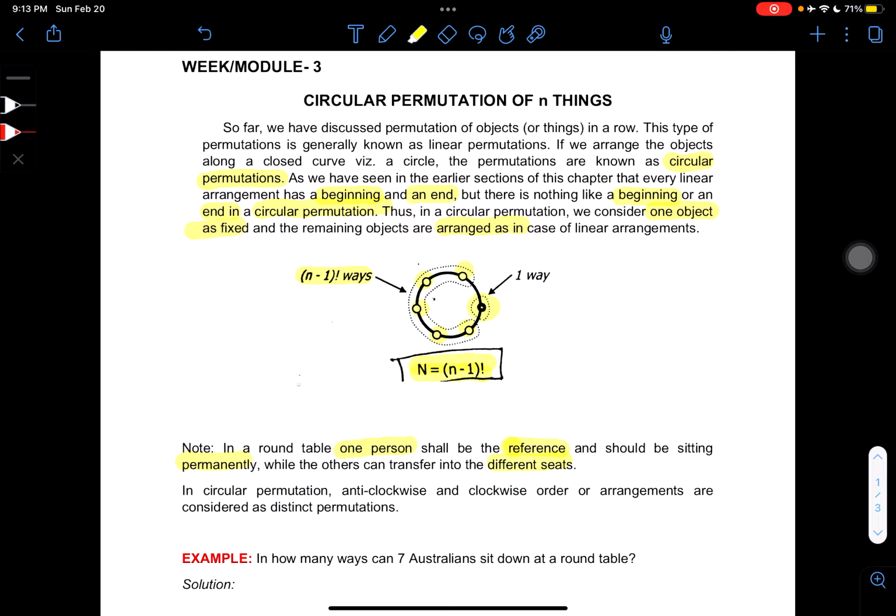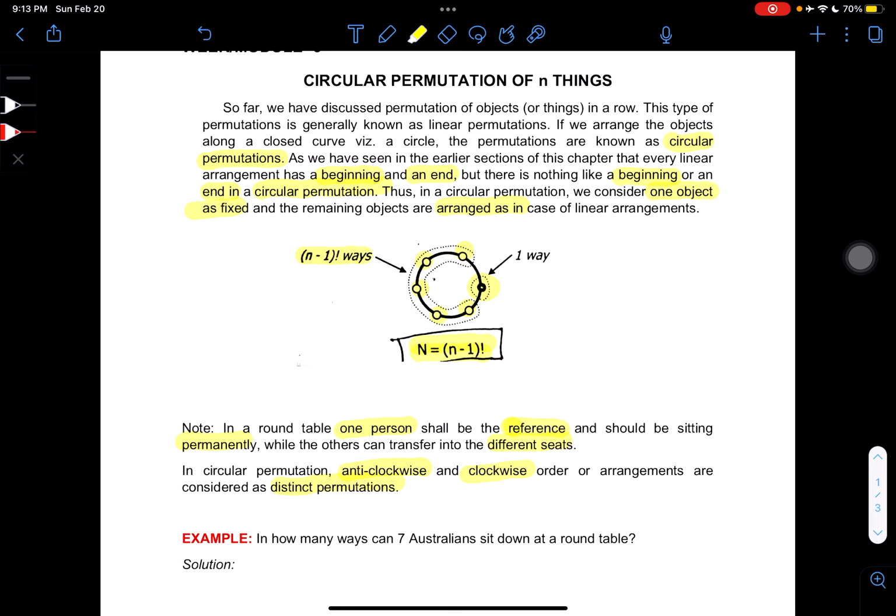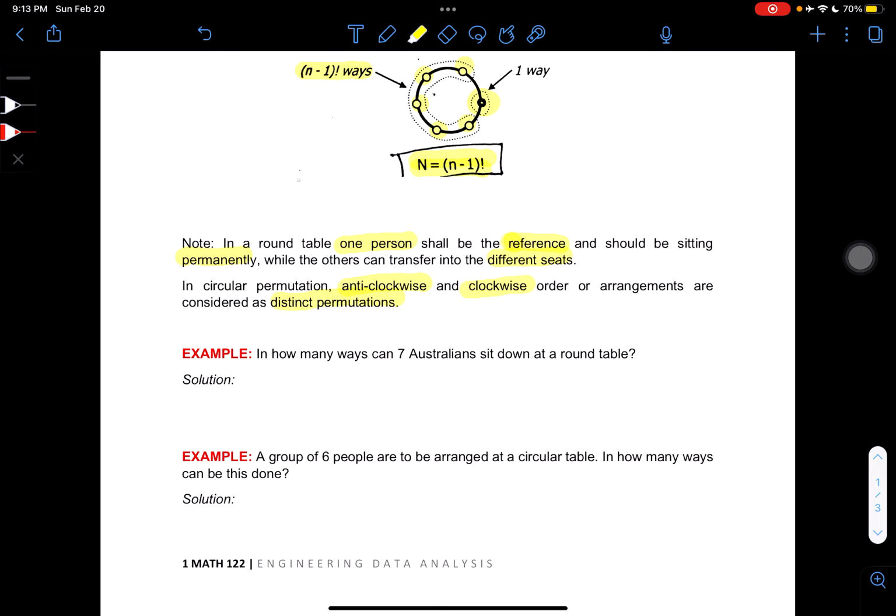Take note that in circular permutation, anti-clockwise and clockwise order or arrangements are considered as distinct permutations.